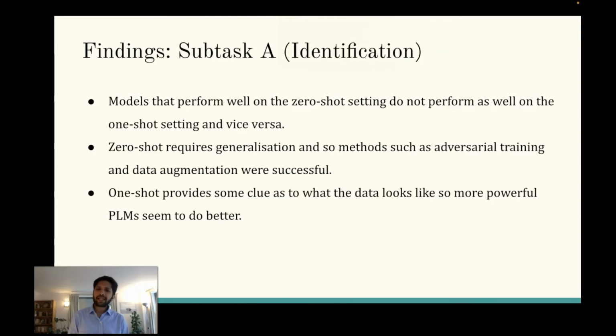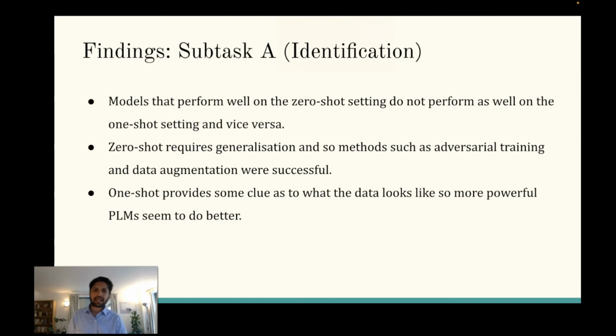Overall, in terms of findings, we find that models that perform well on the 0-shot setting, this is for subtask A, which is identification, do not perform as well on the 1-shot setting. And those that perform well on the 1-shot setting fail to perform well on the 0-shot setting.